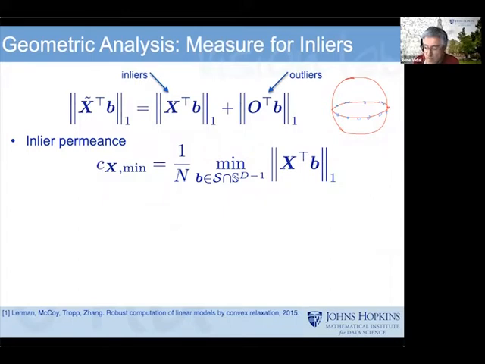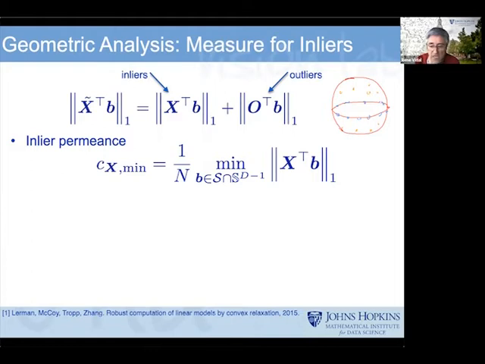On the other hand, the outliers are going to be arbitrary points that are on the ambient unit sphere. So all columns of O and columns of X are unit norm. Okay, so that's a picture to have in mind.